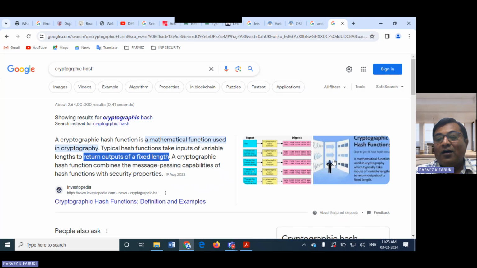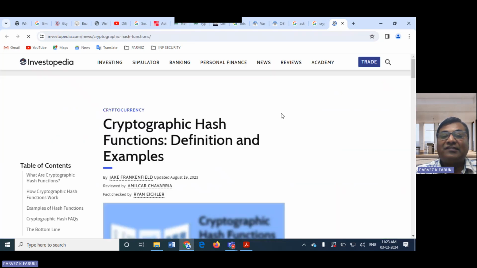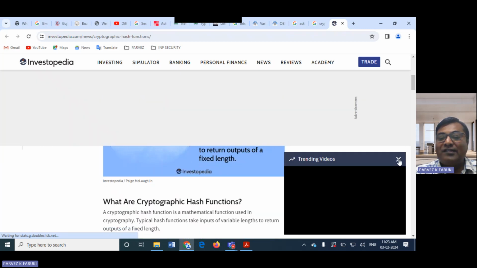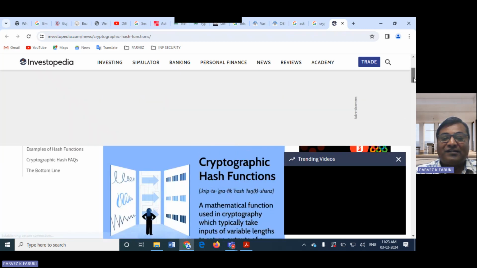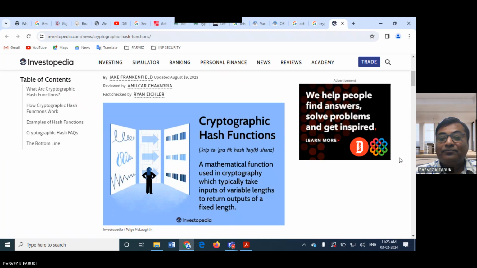Please remember, a cryptographic hash is usually a mathematical function which takes a variable size input and always gives you a fixed size output. So this is typically a way to create a fixed size signature for a particular file.